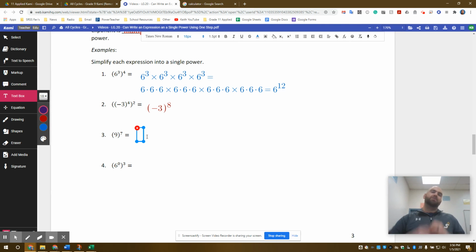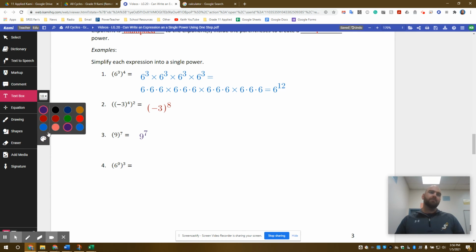So that exponent 7 is going to be multiplied into the 1. 1 times 7 is just 7, so this is in fact the same as 9 to the power of 7. Again, the procedure should make sense when we look at the final product: 9 to the power of 7. We just got rid of the brackets because we multiplied it out.